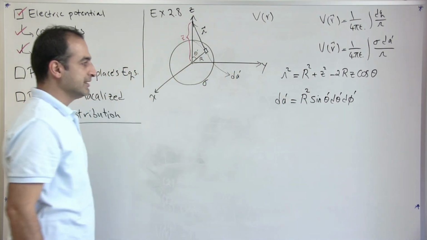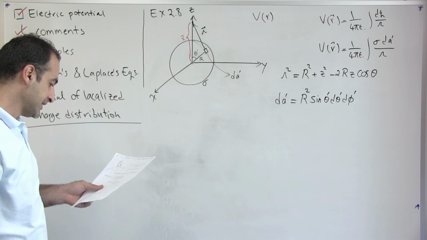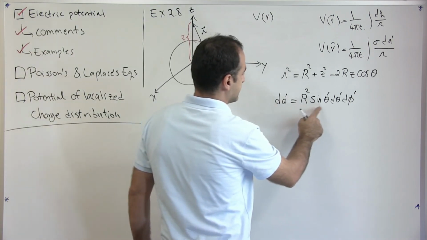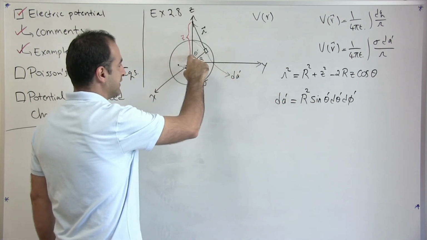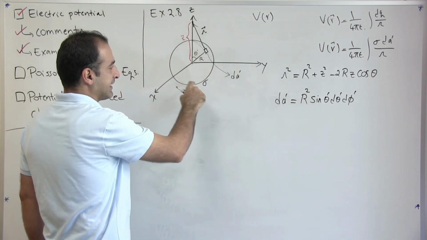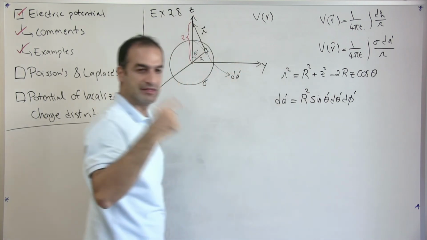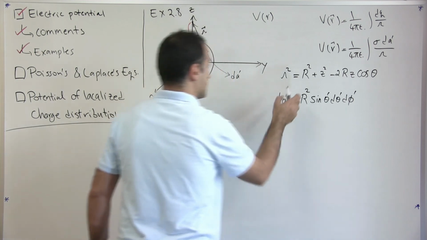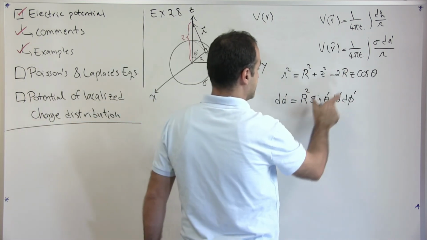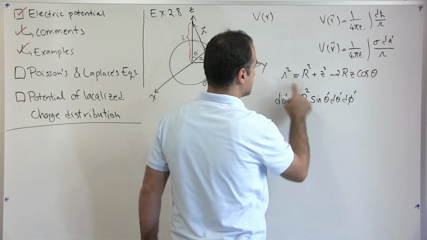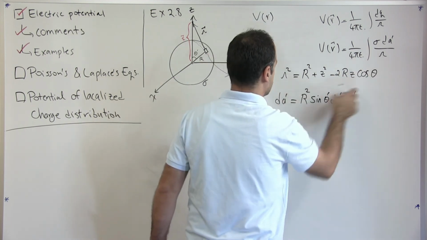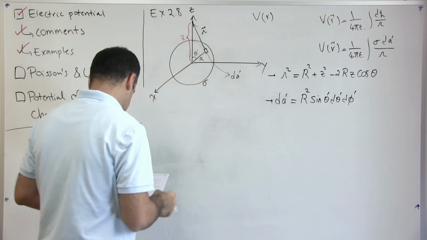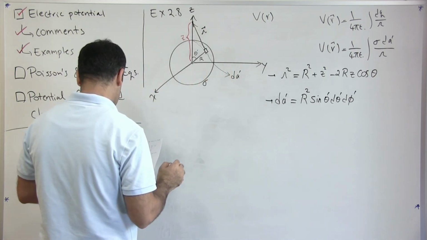It's a surface element. And the limit of integrals: R is constant, theta is changing from 0 to pi, and phi is changing from 0 to 2 pi. That's what we have this integral over. So I'm going to continue here. I'm going to write dA prime as a function of this and R squared as a function of the whole thing I have here. I'm going to use these two and swap them back into the integral. It's going to look a little long, but it's totally manageable.